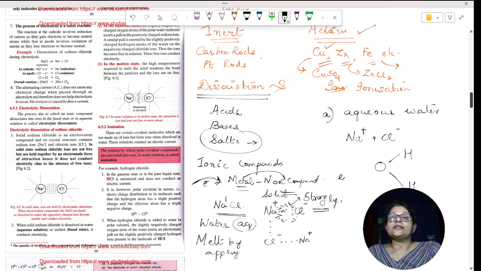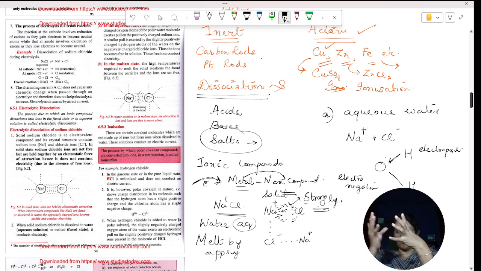Oxygen is an electronegative atom, and hydrogen is an electropositive atom. Water has covalent bonds, still this oxygen has the tendency to pull the electrons which are being shared.